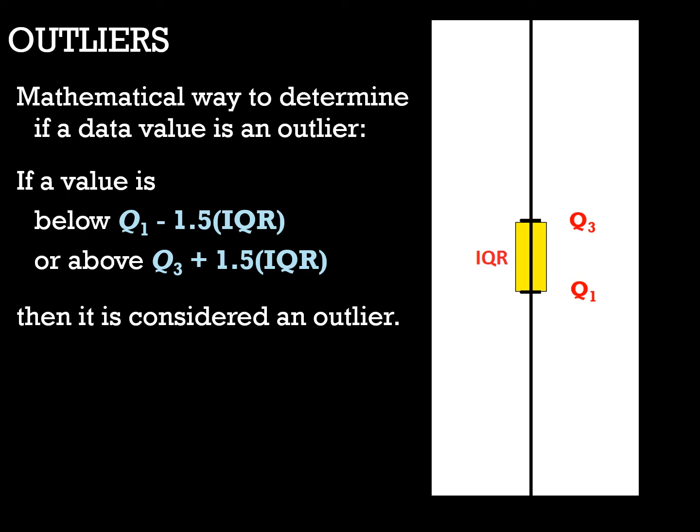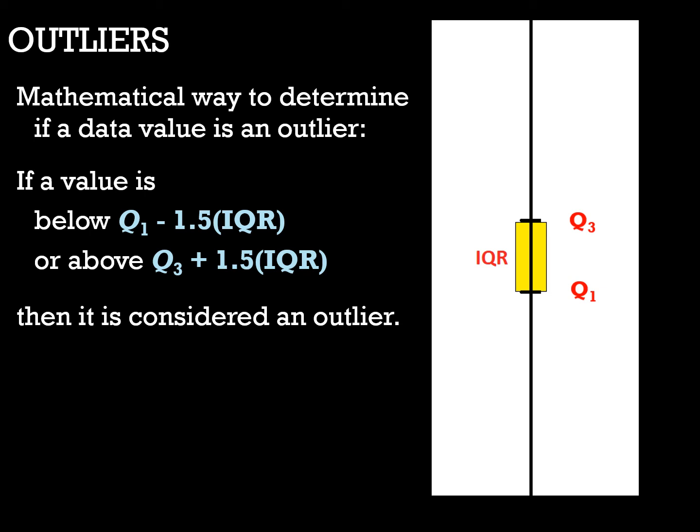So notice it says if a value is below Q1 minus 1.5 times IQR or above Q3 plus 1.5 times IQR, if the value is in either of those ranges, below the one value or above this other value, then we would consider it an outlier. That's the way we would mathematically determine if this should be considered an outlier or not.